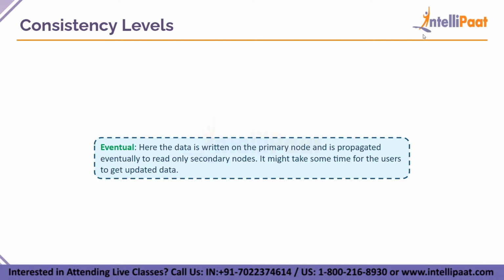If the data is being written in the US and people are accessing it from, for example, India, they'll get the data much faster, but it will be updated only after some time due to network latency.